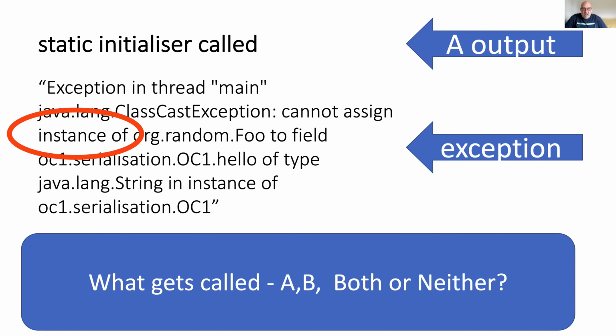So an object has been created, but we did not see any message from the constructor. When Java objects are instantiated via serialization, no constructors are called. And you have to understand that serialization has a different way of creating objects.